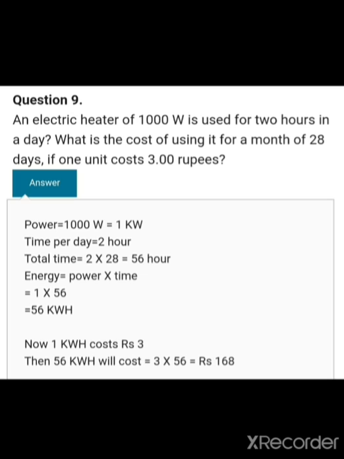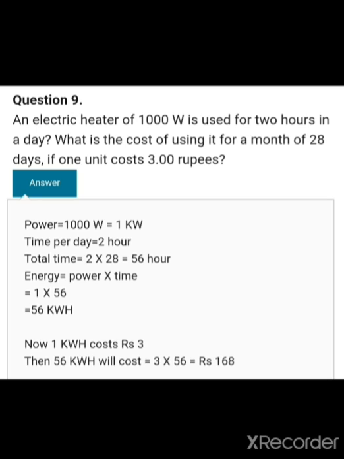So energy is equal to power into time. So we will multiply power by time. How will we find the time? 2 hours, so 2 into 28, because we have 28 days, so 56 hours we have in total.